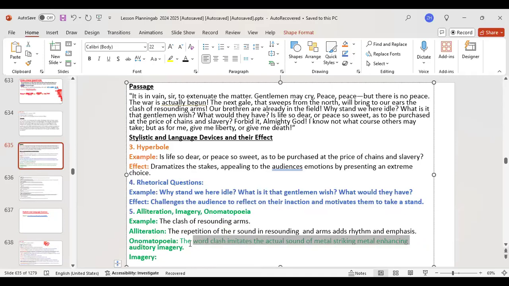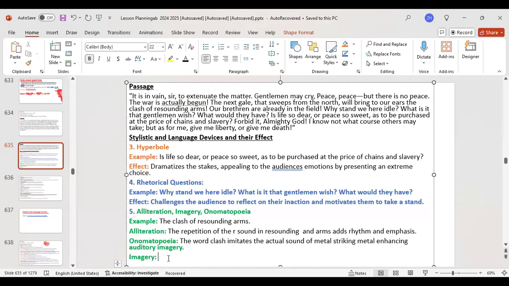And then the imagery, remember imagery is also another technique. Imagery could be when the author describes something that you could see, hear, touch, or taste.